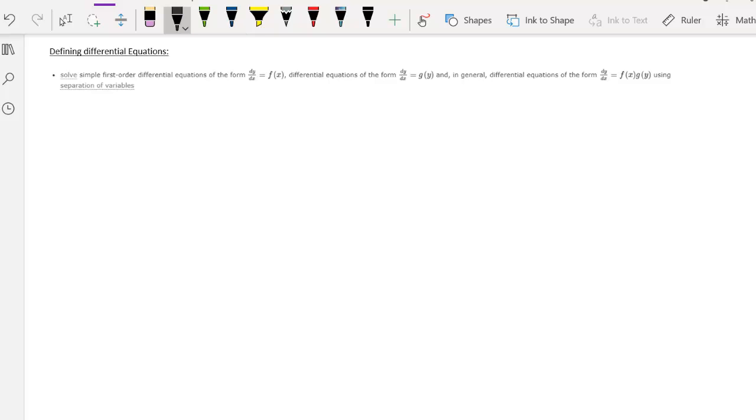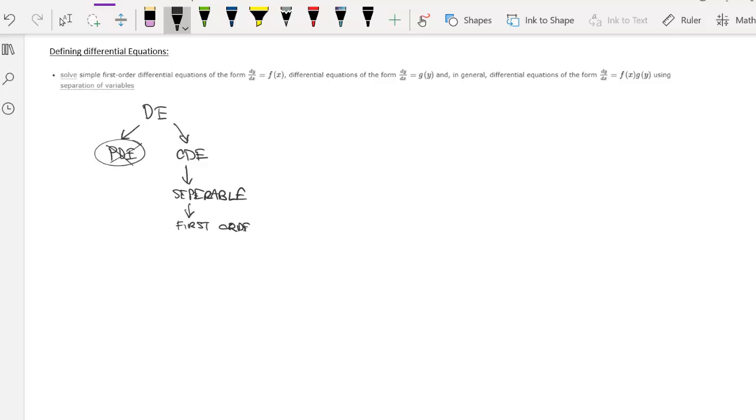Now, just so you understand that the scope is quite large with differentials and we're focused on one particular subset, generally differential equations can be broken up into two forms. We've got partial differential equations and ordinary differential equations. So we're not going to look at partial differential equations at all, so we're going to ignore that. Ordinary differential equations can be broken up into further subsets. We're focused purely on separable and first order.